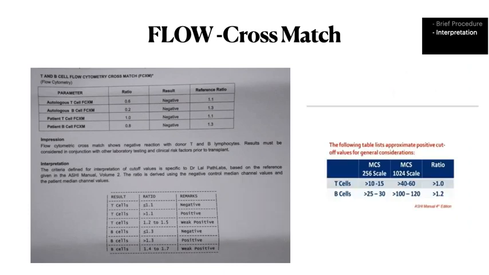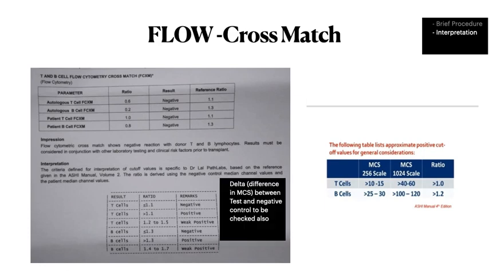As per the guidelines, generally only the third column is used, with a cutoff of more than 40 for a T cell and more than 100 for a B cell. The difference between negative control and test sample has to be there to call it positive. Sometimes the ratio can be negative, whereas the delta difference, or the difference between the mean channel shift for the negative control and the test sample, can be significant. In that case also the test is regarded as positive.